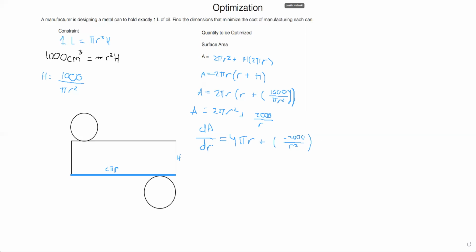I used the quotient rule for the second term. I think that's what that came to be. Yep, and you did that correctly.